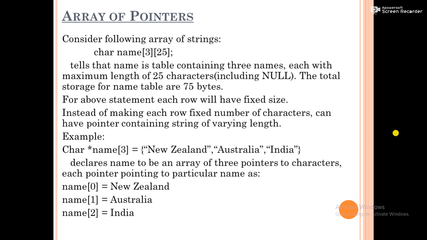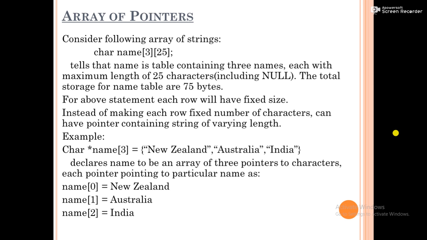So next is the array of pointers. Here, array of pointers means the same. In the last slide we studied declaring pointer variables for character strings. Here also there is a multi-dimensional array: name[3][25]. So name[3] means we are going to create 3 different names, and 25 is the length of each name.